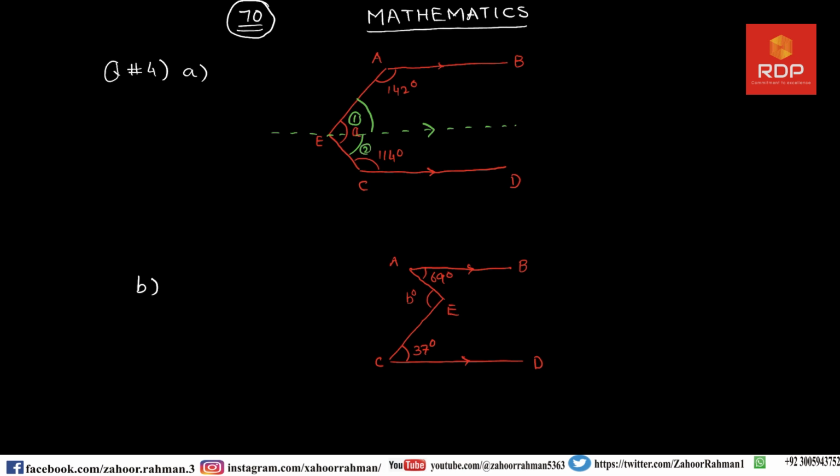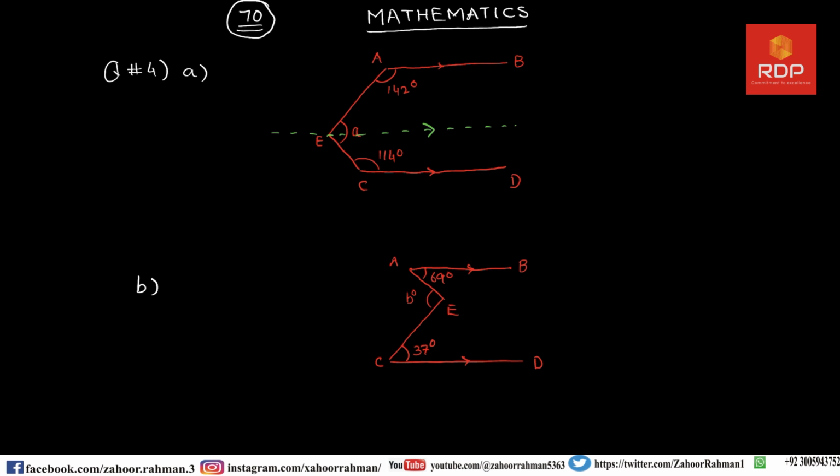We have to find the value of 1 and 2, and then we will add them, and as a result we will be able to find the value of A. So let's do it.